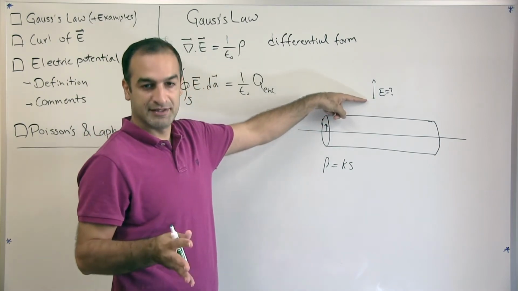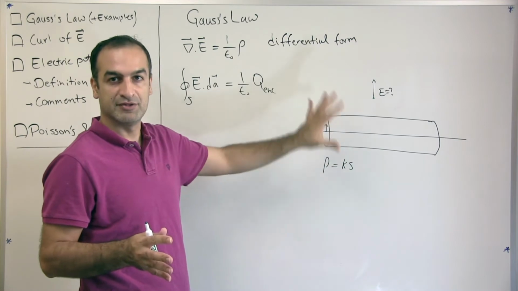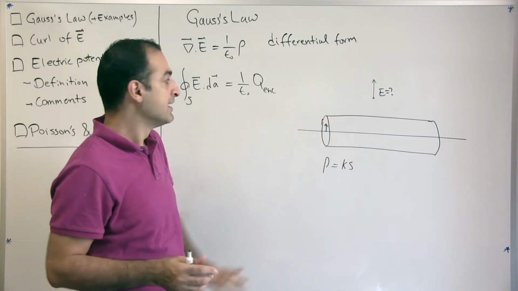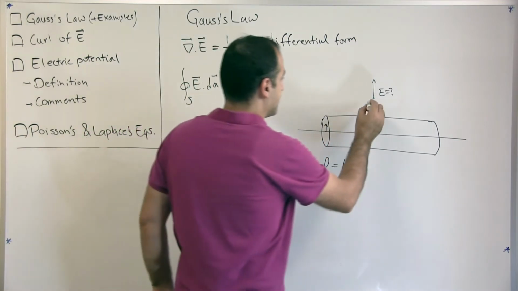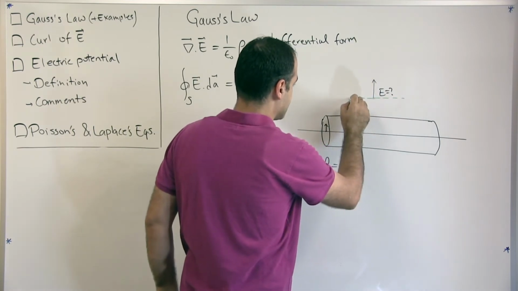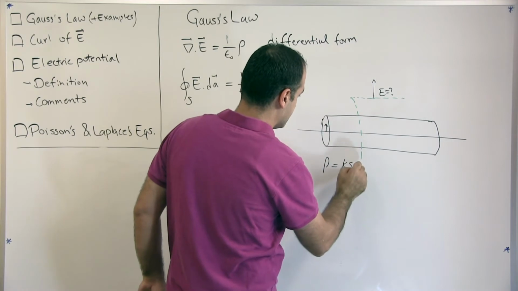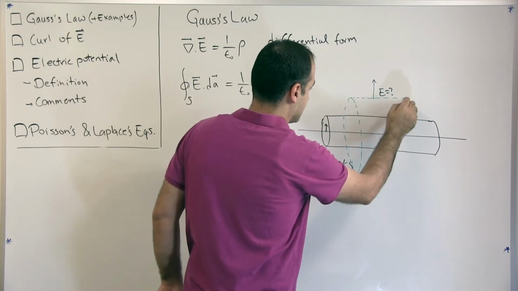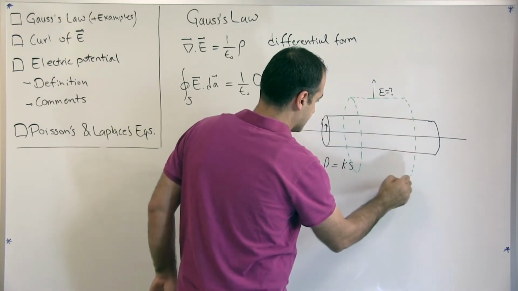Technically, it should be a cylinder because we have cylindrical symmetry. We should just follow that, okay? And that has to be right at this point, and then it covers the whole area around the cylinder.